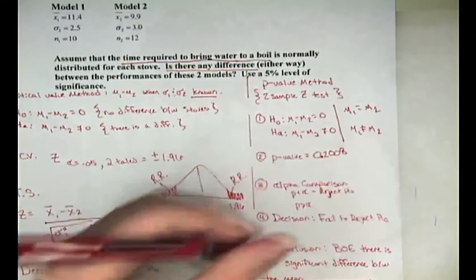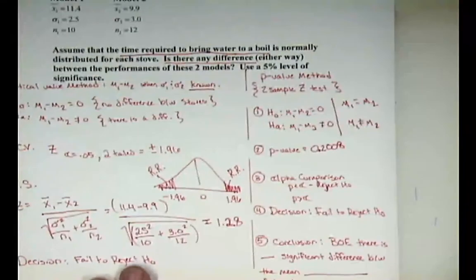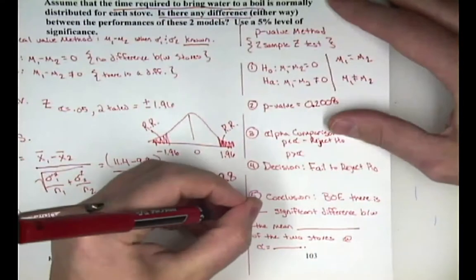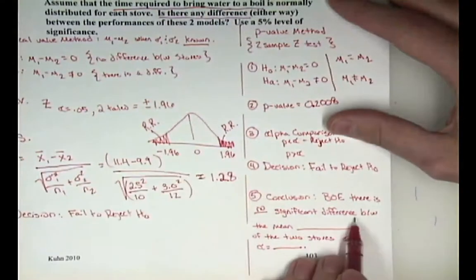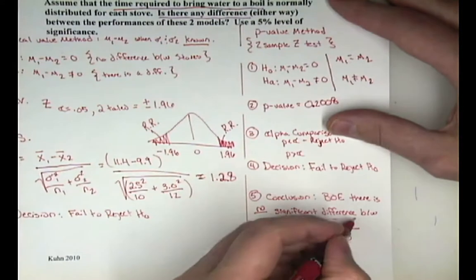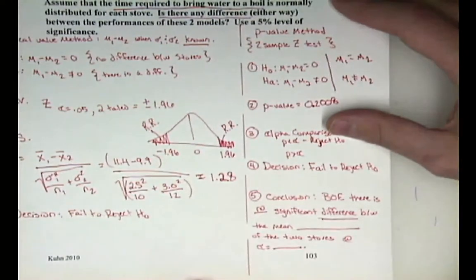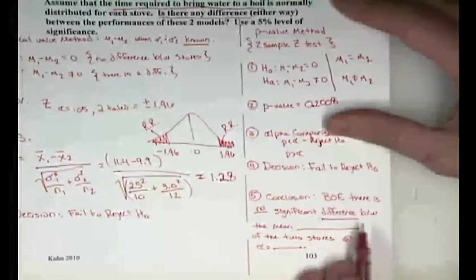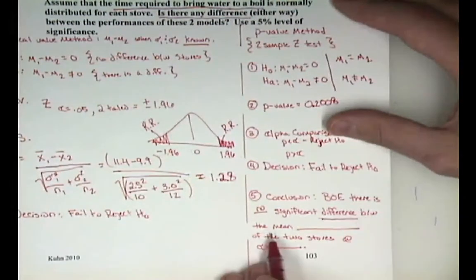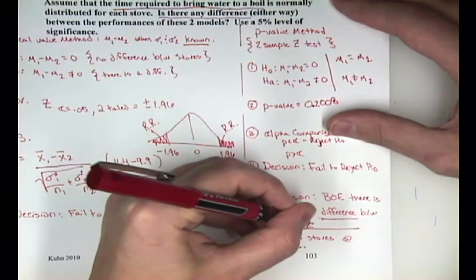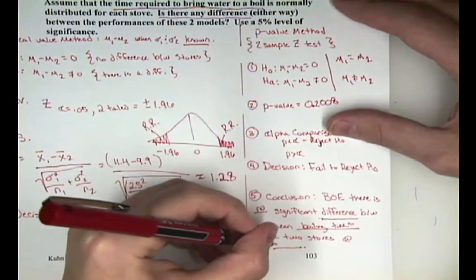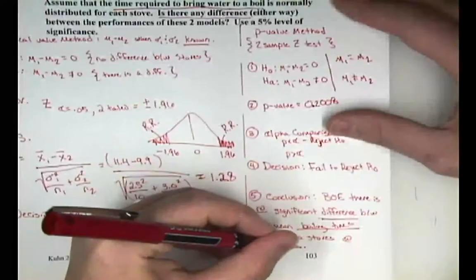H naught. When we fail to reject H naught, we make a conclusion that says, based on the evidence, there is no significant difference. The word difference is coming from the alternative hypothesis and answering the question that we were asked to answer. Between the mean boiling times of the two stoves at alpha equal to 0.05.